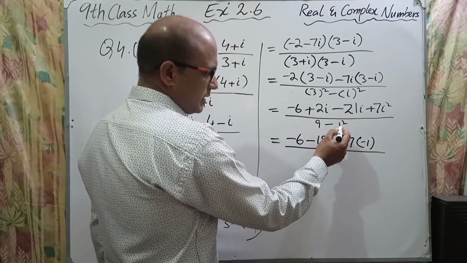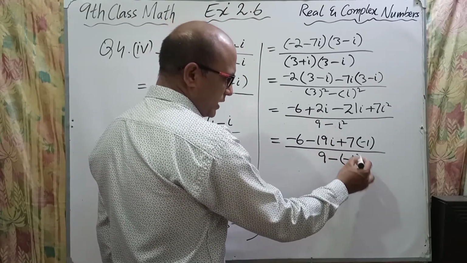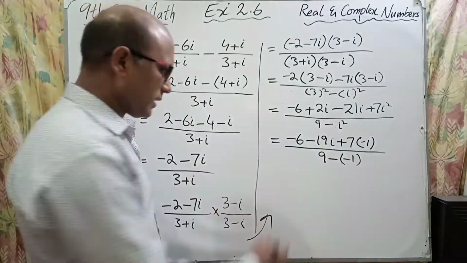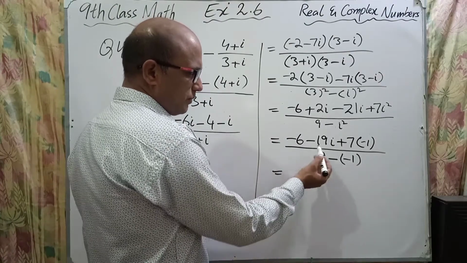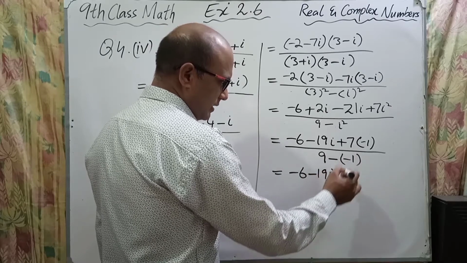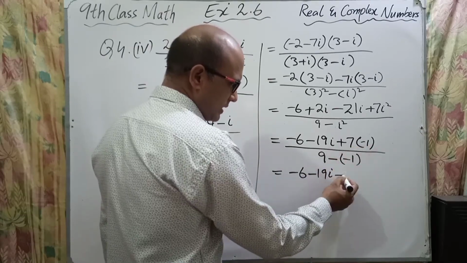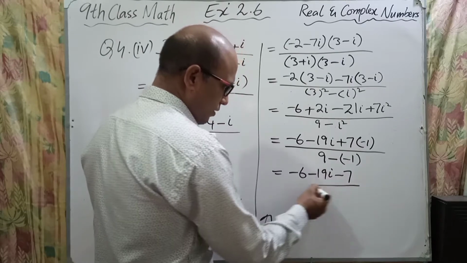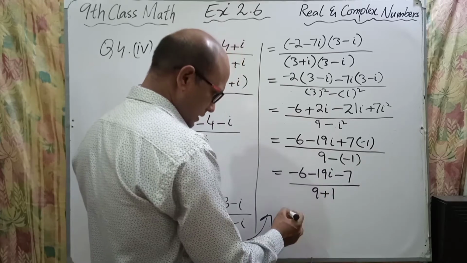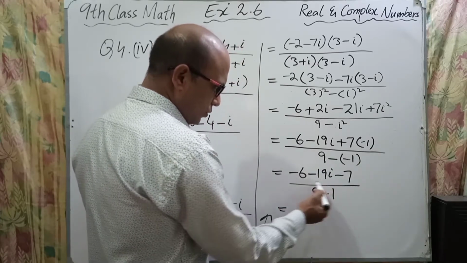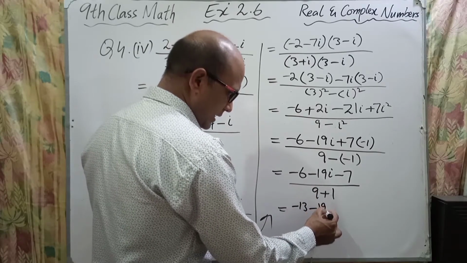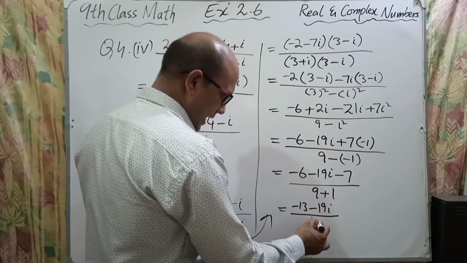9 minus iota square has a value minus 1, so in place of iota square we have written minus 1, is equal to minus 6 minus 19 iota and minus minus plus 7 ones are 7 over 9 minus minus plus 1, is equal to, these two will be added, it will become minus 13 minus 19 iota over 10.